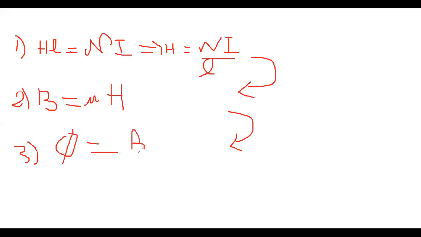Flux is BA. Okay, so those are the 3 characteristics of the magnetic circuit.